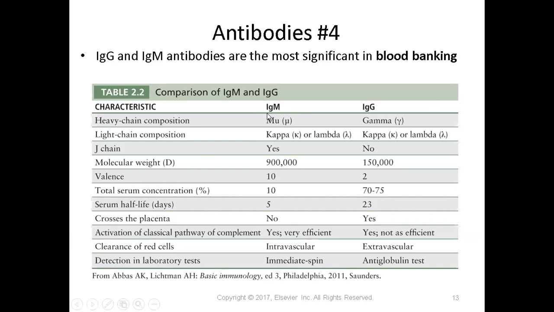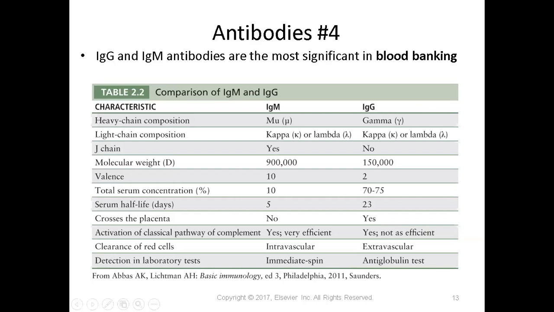When we're detecting these classes of antibodies, they react better at different temperatures. When we're detecting IgM class antibodies, they react best at immediate spin. Immediate spin means that we basically add a serum or plasma source with the antibody to the red cells, and we centrifuge immediately, and we look for agglutination.